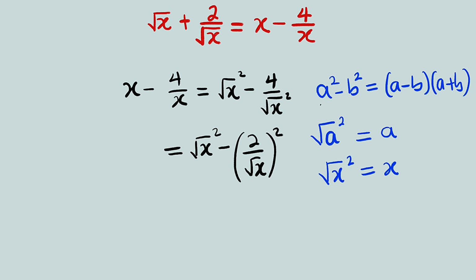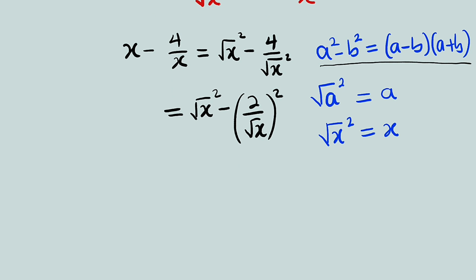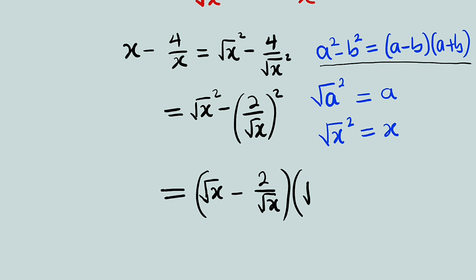From here we can apply this formula right here, where our a is the square root of x and b is 2 divided by the square root of x. So this becomes square root of x minus 2 divided by square root of x, then multiply by square root of x plus 2 divided by the square root of x.